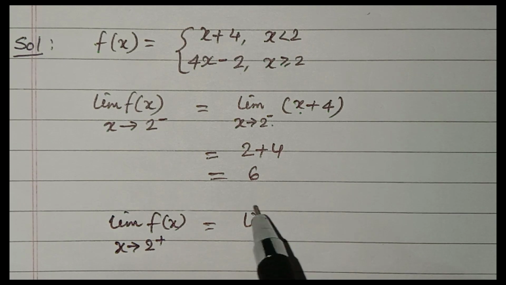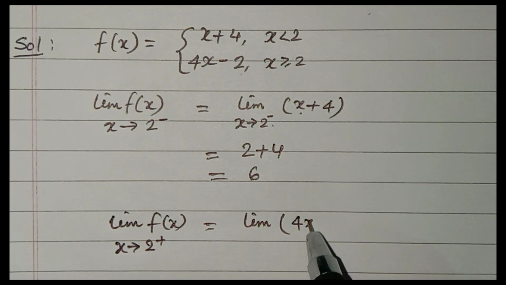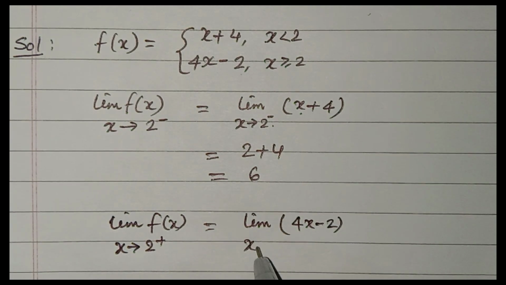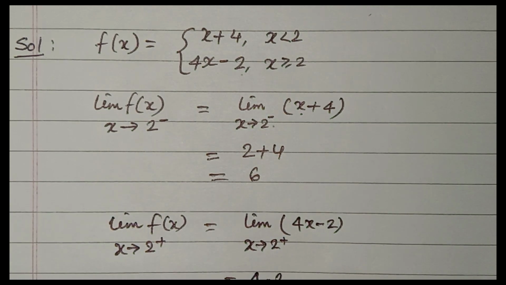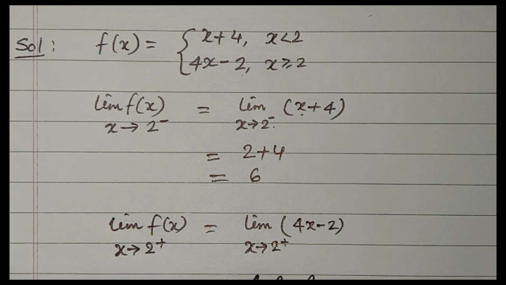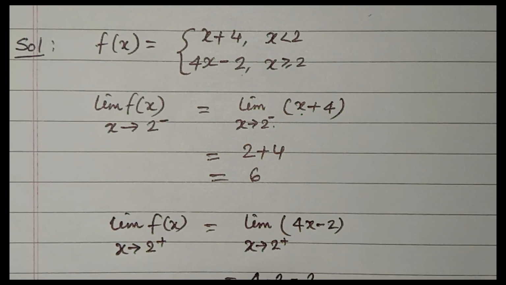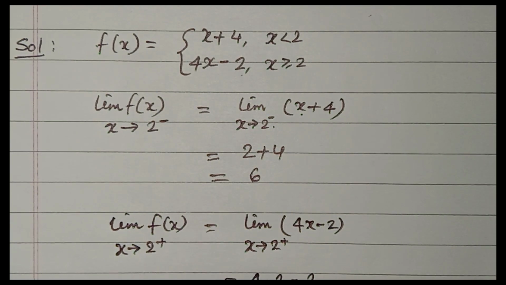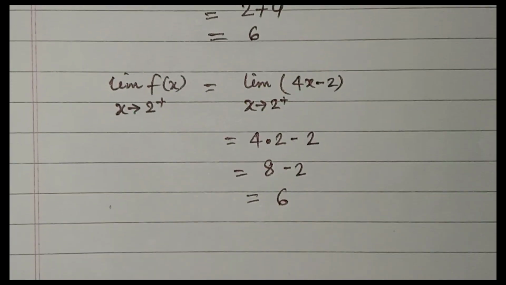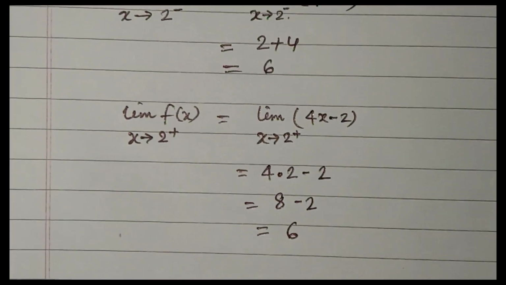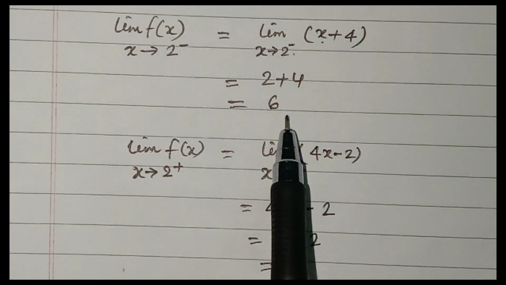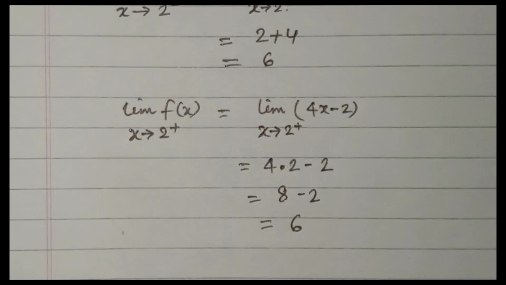So I'm going to write limit of 4x minus 2 as x approaches 2 from right hand side. That is going to be 4 times 2 minus 2, and 4 times 2 is 8, and minus 2 gives me 6. Now we see that the left hand limit exists, the right hand limit exists.